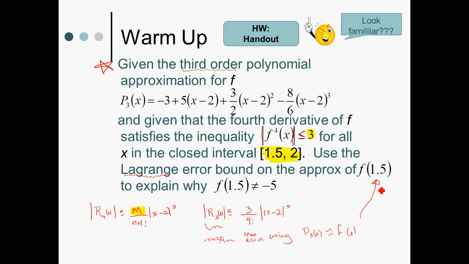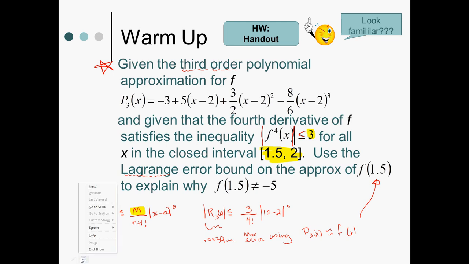So they're asking us about f of 1.5, but I don't have f of 1.5. I don't see it. But yet they're telling me that somehow I can use this error bound to show that f of 1.5 can never be -5.